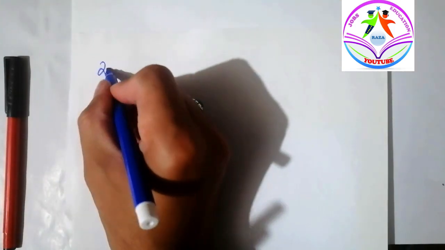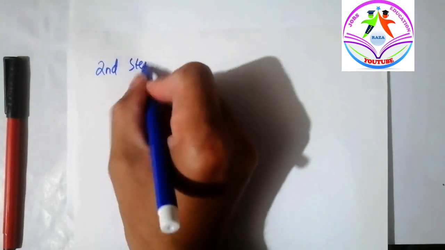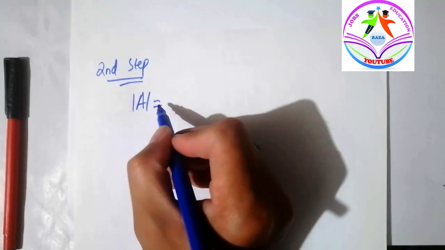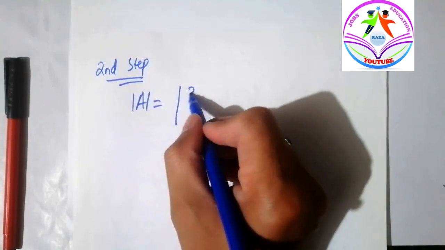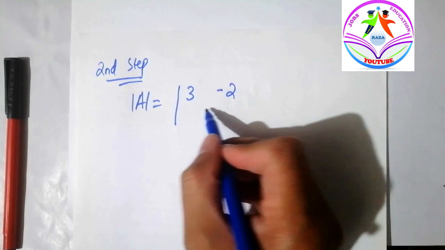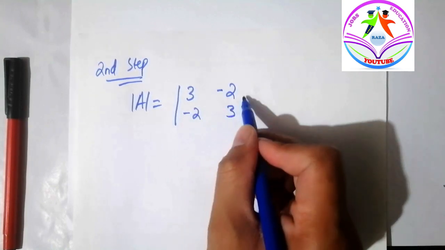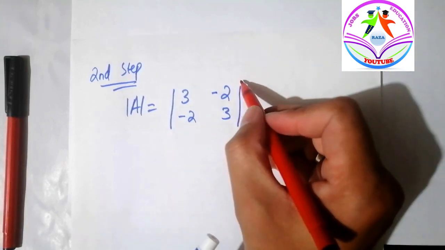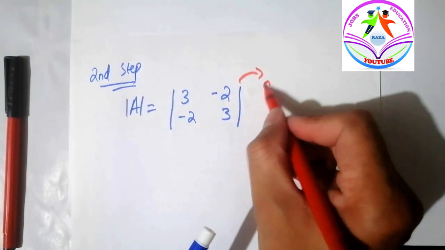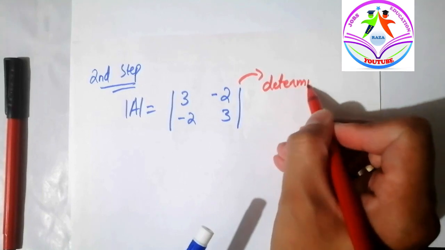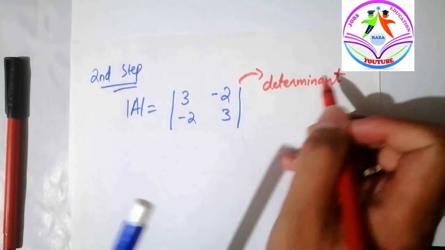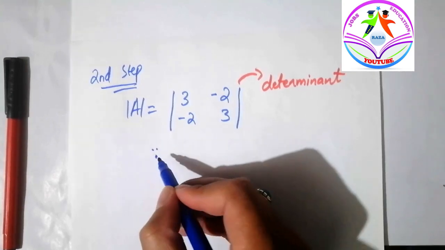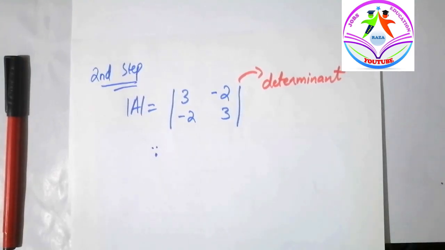So the second step is to find the determinant of A. We write 3, minus 2, minus 2 and 3. This is our determinant symbol. If you see this symbol anywhere, you can understand this is a determinant of a matrix. We know how to find the determinant of a matrix.